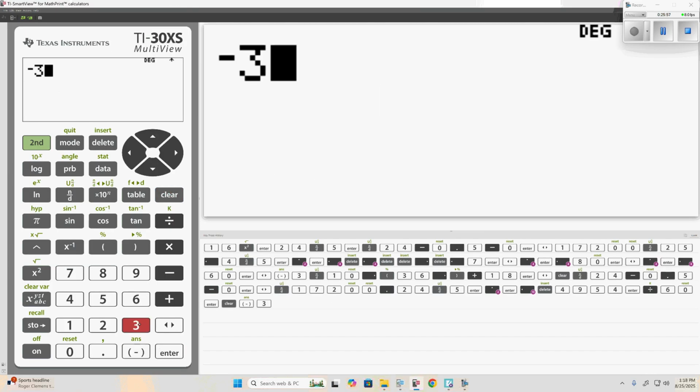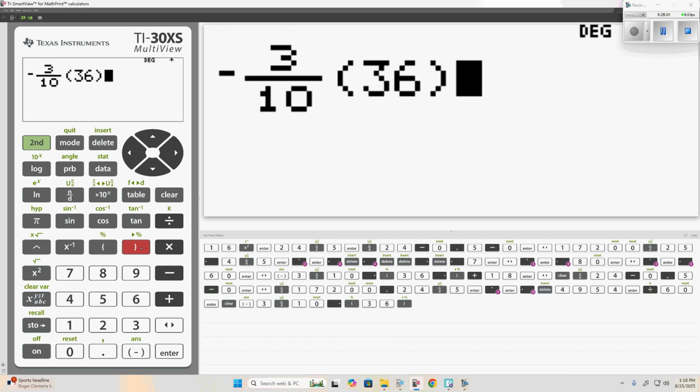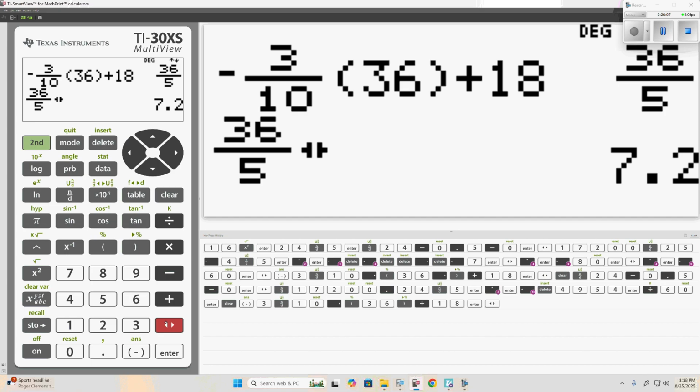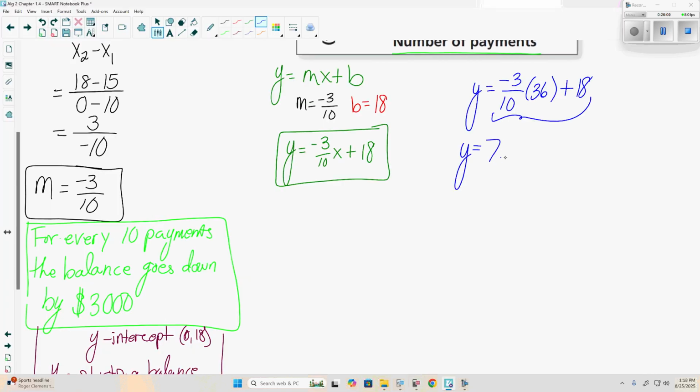So we can say negative 3 tenths times 36 plus 18 is 36 fifths, or 7.2. Now 7.2 is our remaining balance in what?